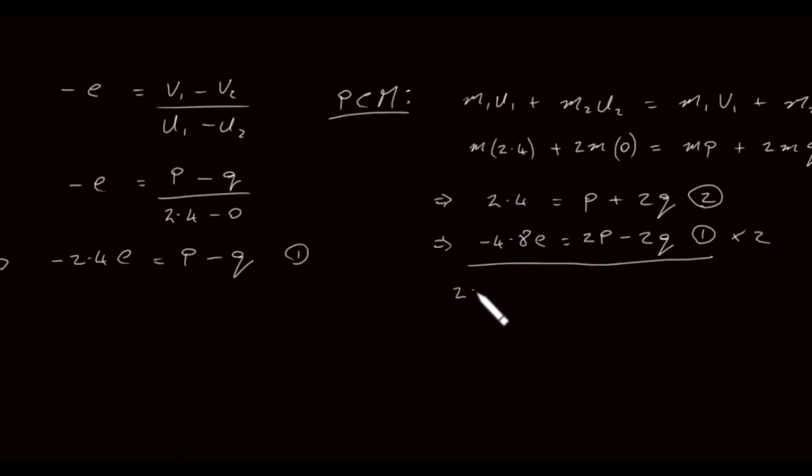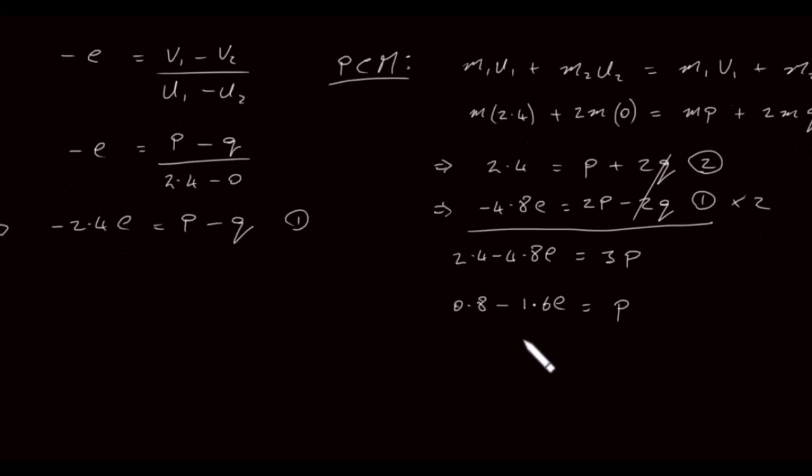So you've got 2.4 minus 4.8e is equal to 3p. And these will cancel. And then if you just divide by 3, that'll give you a p value of 0.8 minus 1.6e.